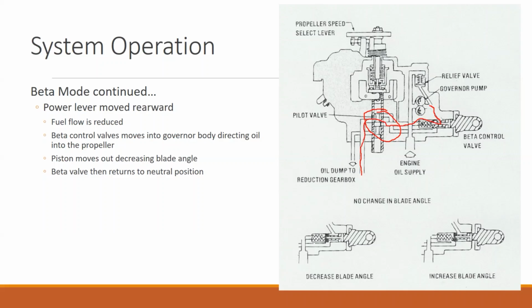It can route pressure two different directions, through here and out to the prop. Okay? And then when that beta valve closes off, it allows oil to flow back and out to the reduction gearbox. And so that's how it's taking the prop governor out of operation at those lower speeds.